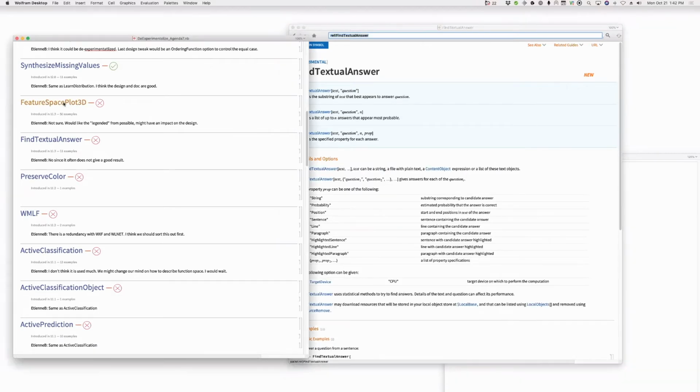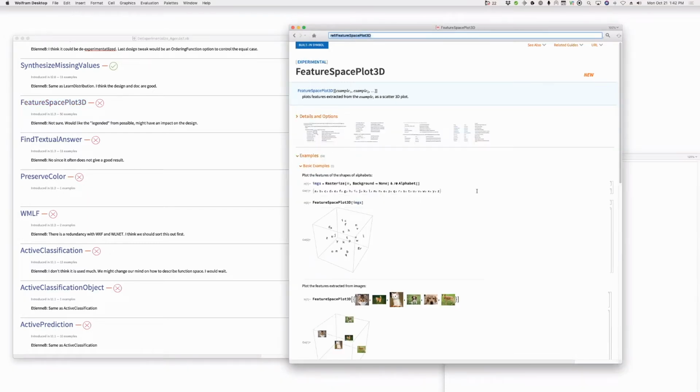Anyway, okay, Brett, we're talking about feature space plot 3D, and we can't understand whether there's a graphics visualization reason why it should still be experimental. I think it should stay experimental until we sort out the multi-case. What multi-case? If you have a whole bunch of data on the presidents, you split them into their respective political parties and style them accordingly.